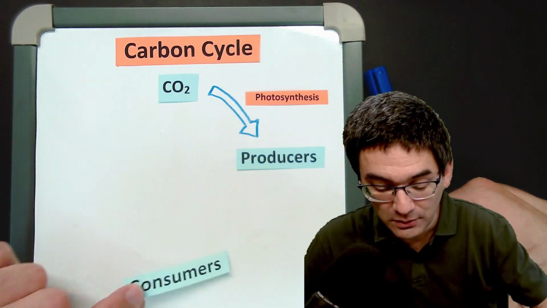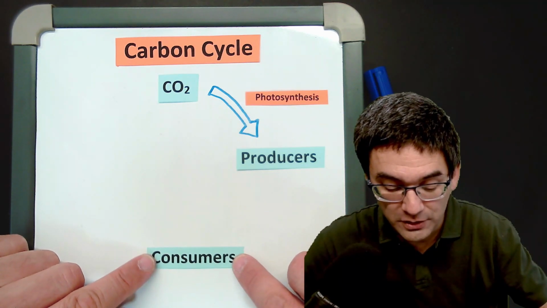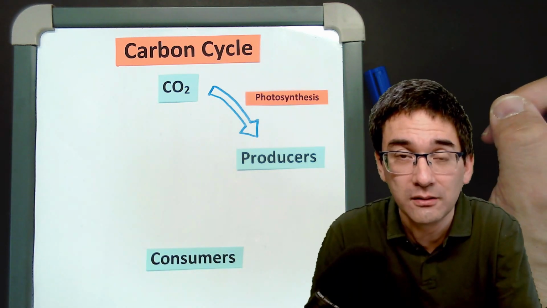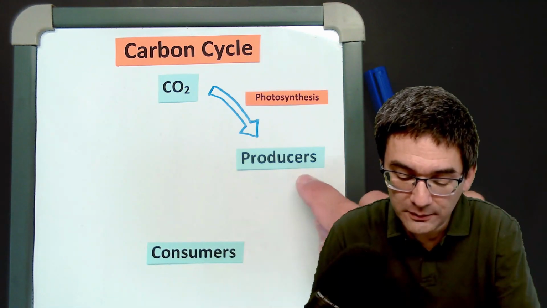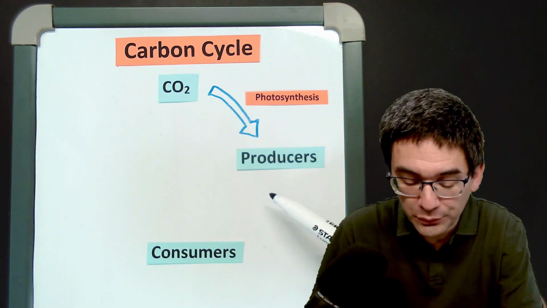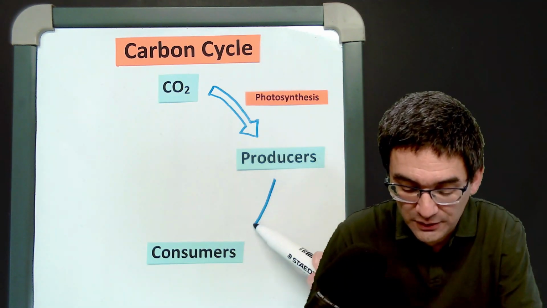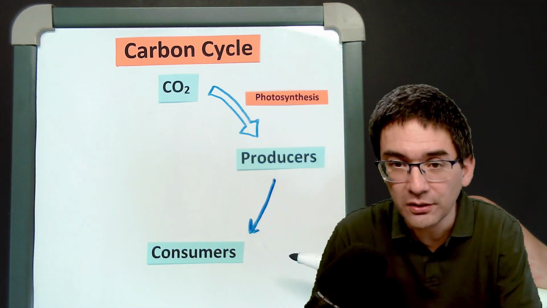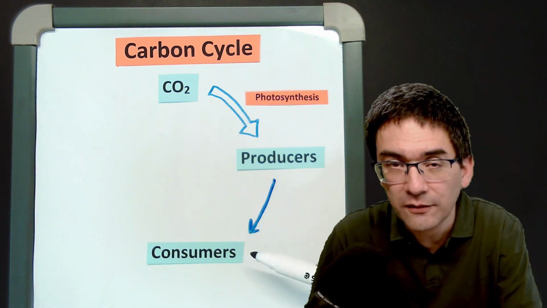Okay. So over here, what I have is consumers. Now, consumers are animals, for example, okay? And how is this process called when the carbon goes from producers to the consumers? Okay, this is also an important step over here. And the arrow always indicates the flow of carbon.